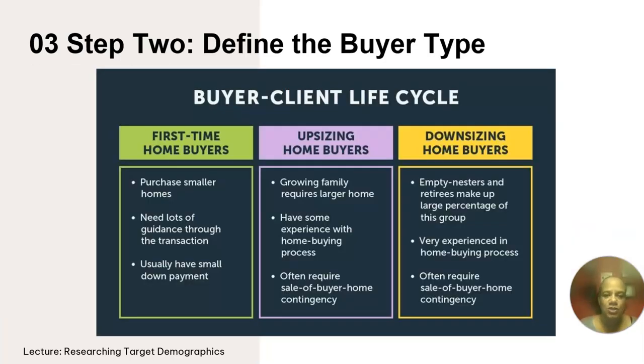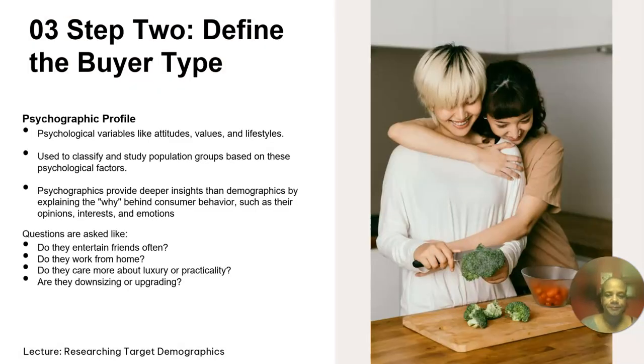So again, this is just a chart that I kind of liked, but it's basically the same information as what I just showed you in the other chart. So the psychographic profile. I mentioned this in another slide, and I said I'm not going to define that, but it's coming a little bit later. So what that means is the psychological variables like attitudes, values, and lifestyle.